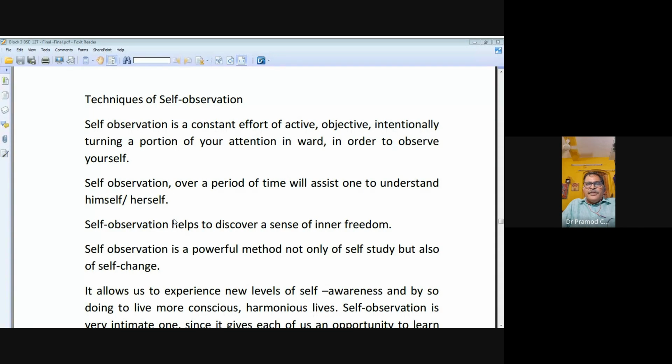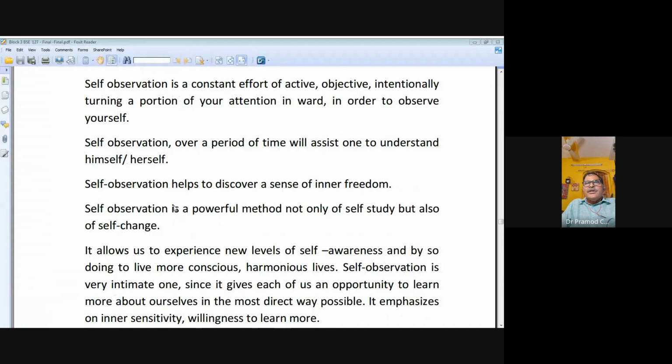For a period of time you need assistance, then automatically you will discover a sense of inner freedom, and your inner freedom will help you to change. So inner freedom is a powerful method, not only for self-study but also self-change. Self-observation will help us for self-study and self-change.